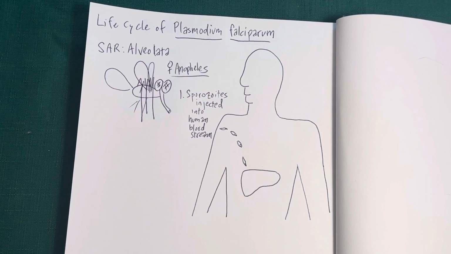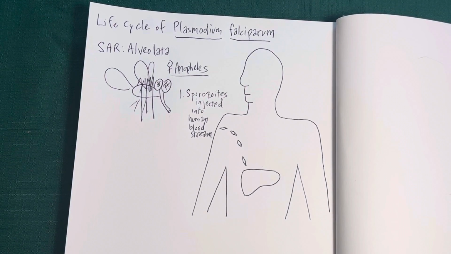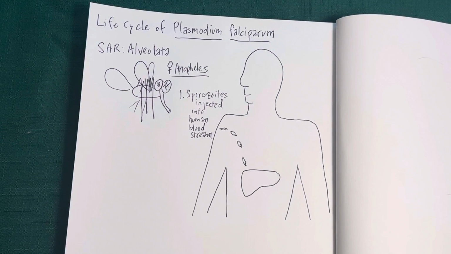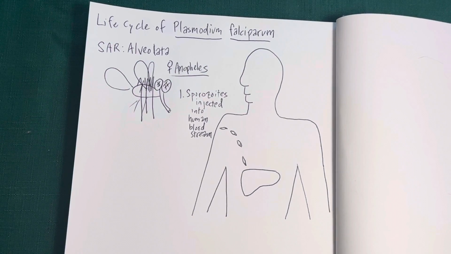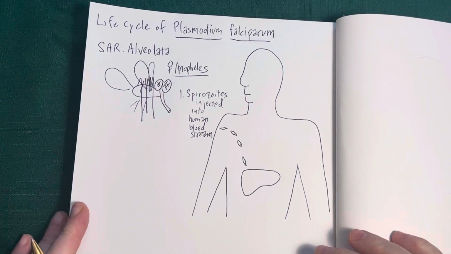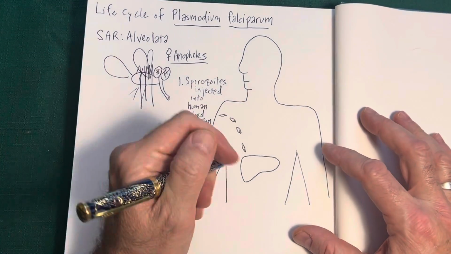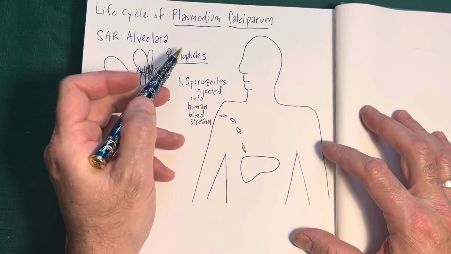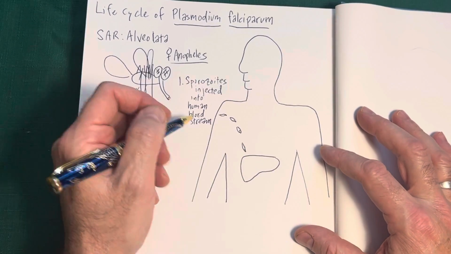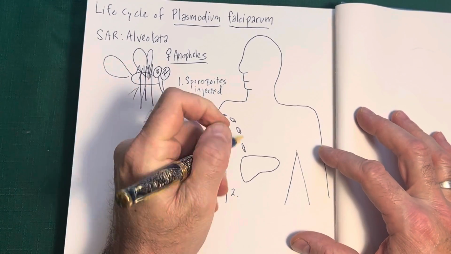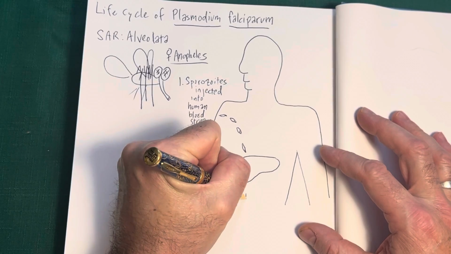So she will inject a little anesthetic so that you won't feel her biting you and feeding upon you. So what will she do? When she's doing that, she will inadvertently inject not only that anesthetic, but she will also inject those sporozoites of the Plasmodium falciparum.